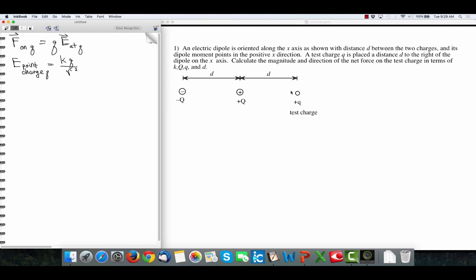Test charge plus q is placed to the right of this positive one at distance D. Calculate the magnitude and direction of the net force on the test charge. So I'll give you a few minutes to work on that and talk about that between yourselves.